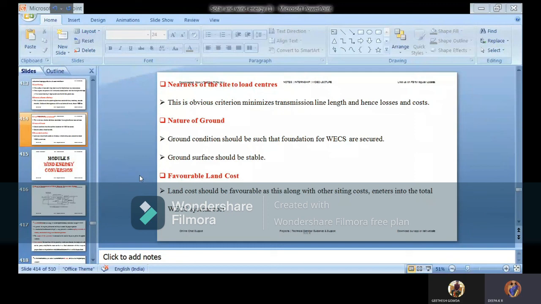Along with other siting costs, it enters into the total WECS cost, because you need a number of members to build up that windmill, some people for maintenance, and of course technicians, not local people. So we have other costs other than installation and site selection. We have to consider all the parameters together, so that cost is minimized.